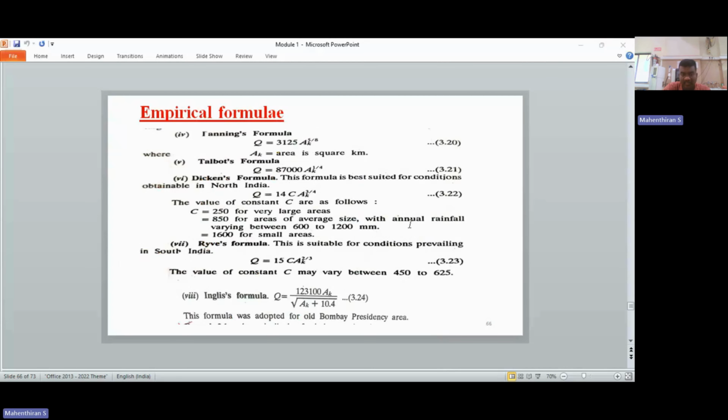Unlike the Dickens formula, the Ryves formula has three distinct ranges, where C is equal to 450 for the flat, whereas C is equal to 625 for the steep. Here you can notice the exponent 1 by 3, that is a cube root. This is different from the Dickens formula, which we are going to discuss, and gives more weight to the area compared to the Dickens formula here.